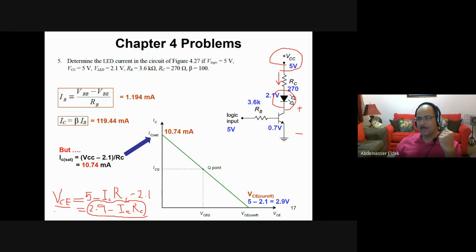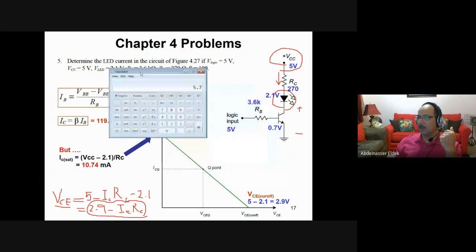So now if VCE equals 0, then IC equal 2.9 divided by RC. RC is 270. So let's calculate this. So IC equal 2.9 divided by RC, which is 270 ohm.